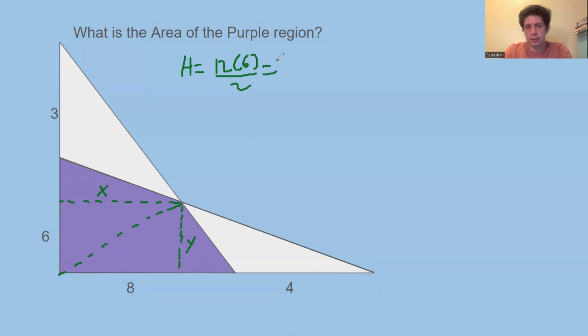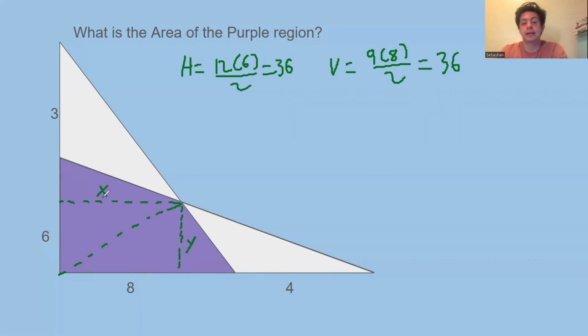We get 36, right? And then let's do V, the vertical triangle, which will be V equals 9 times 8 over 2, because it's base times height divided by 2 again. So it's going to be 72 over 2, which also gets us 36.